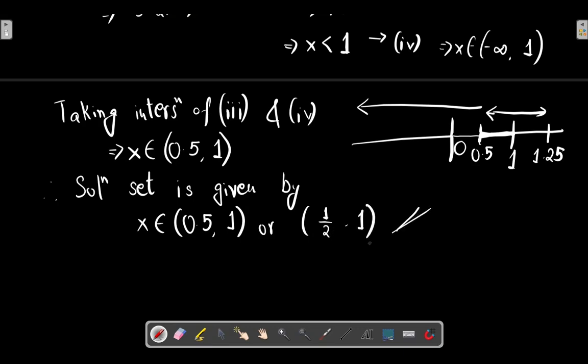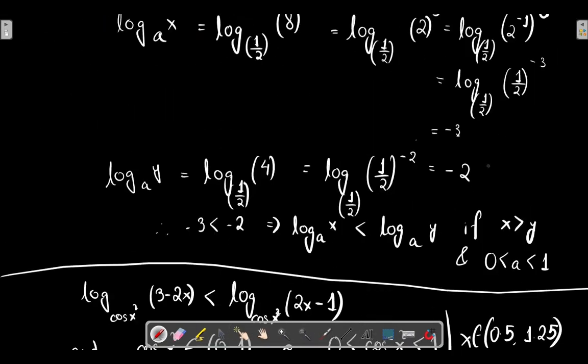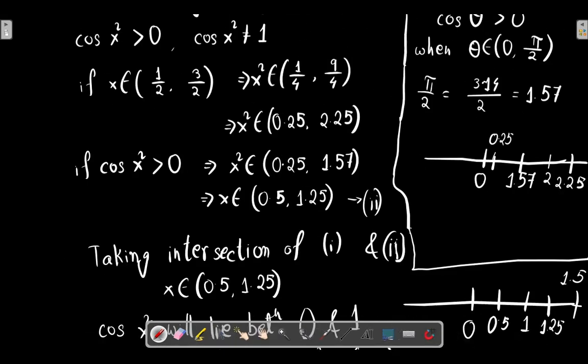In the book also this was the correct option. In the book it was given as an MCQ, but I just solved it as a proper sum. Another point is that the value of 1.25 is this value.